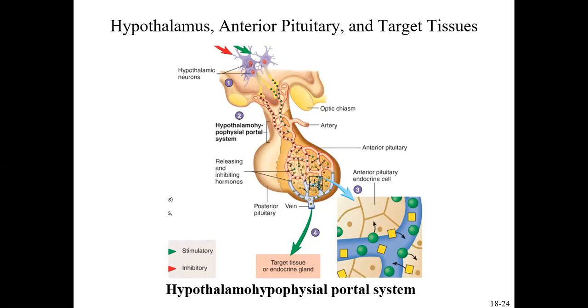This is like a small miniaturized circulatory system that connects the hypothalamus with the anterior side of the pituitary gland. And so what happens is the neurons that reside in the brain secrete neurohormones into this portal system, into these vessels, and those hormones travel down into the pituitary gland, where they cause the pituitary gland to release other hormones.